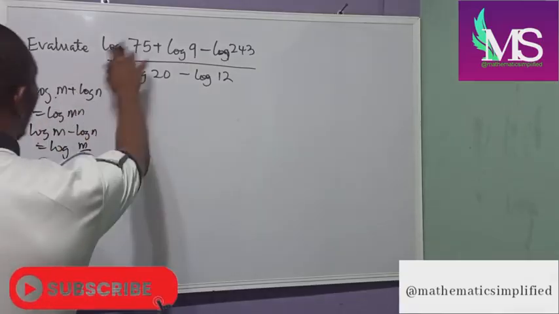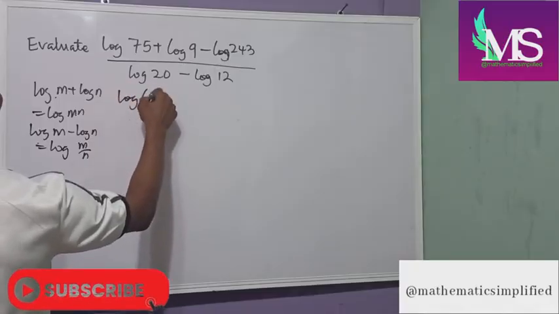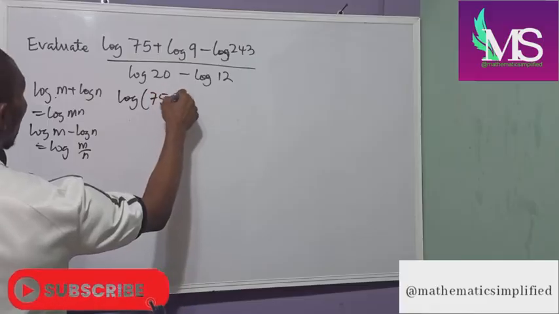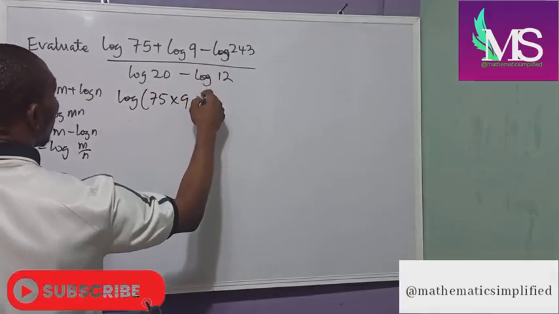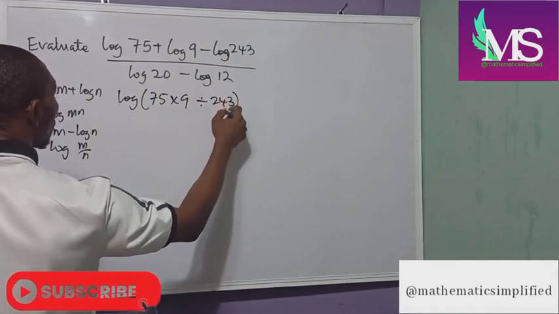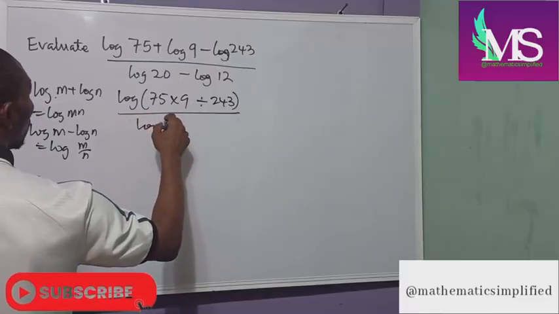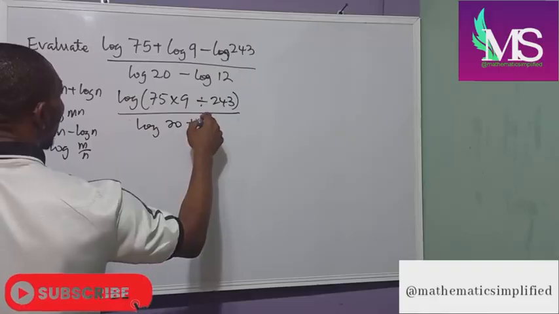Now, turning this way, this becomes log 75 times 9 divided by 243 all over log 20 divided by 12.